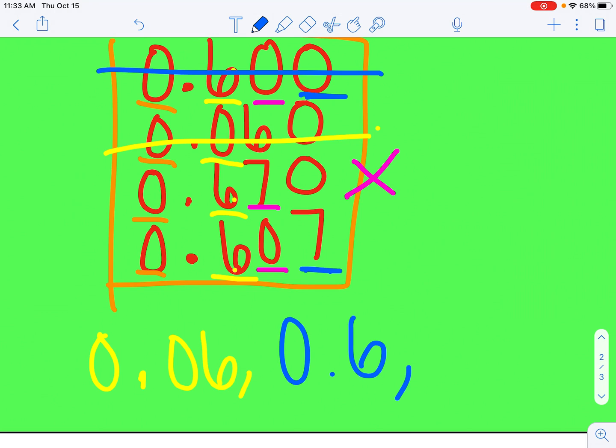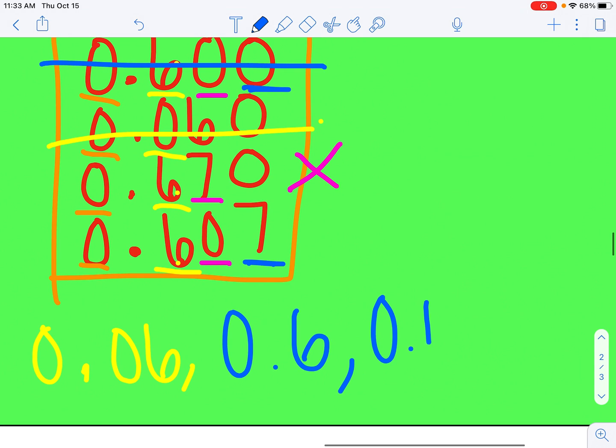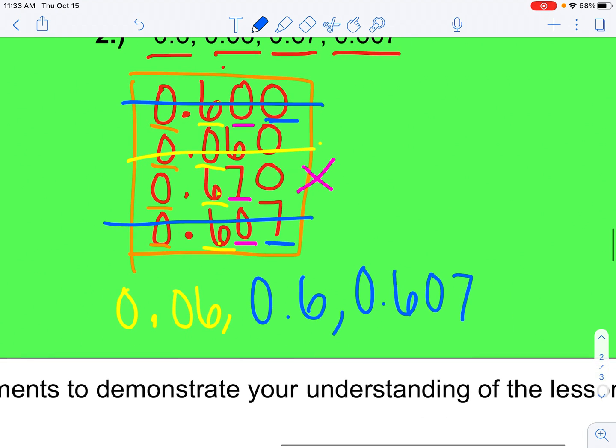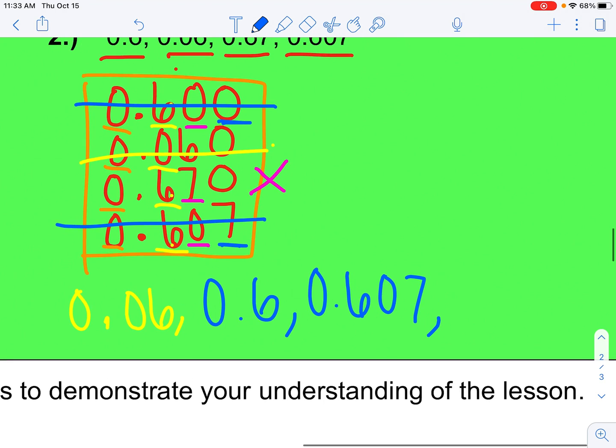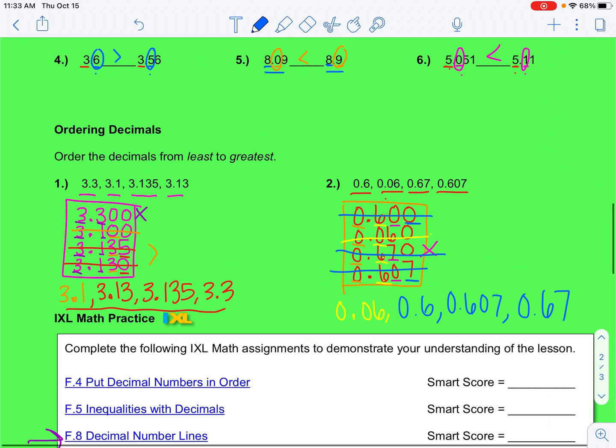So then my next smallest number would be this bottom one where I had to go to my thousandths place. It was 0 and 607 thousandths. Alright, so that tells me my last number is the last one we haven't crossed out. 0 and 67 hundredths. And then I am done.